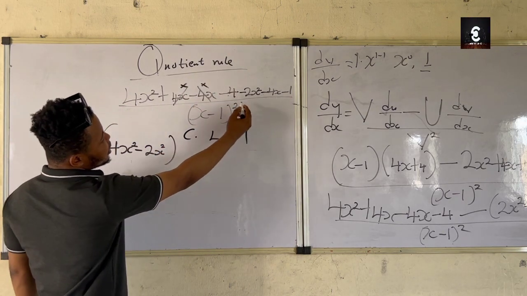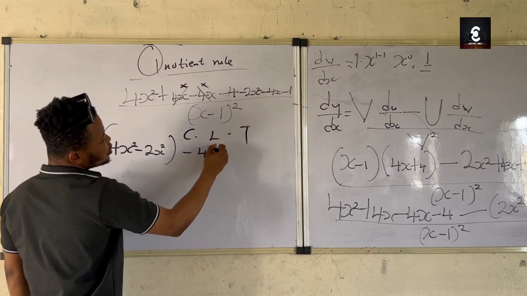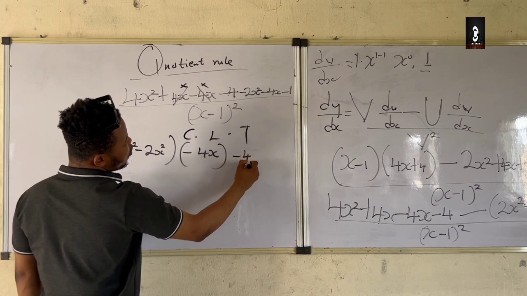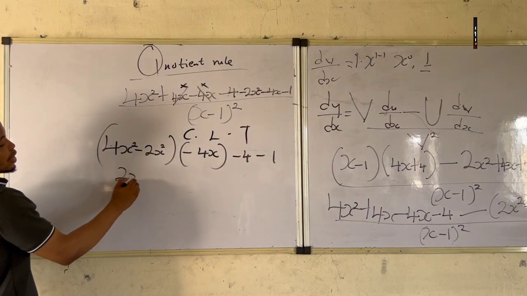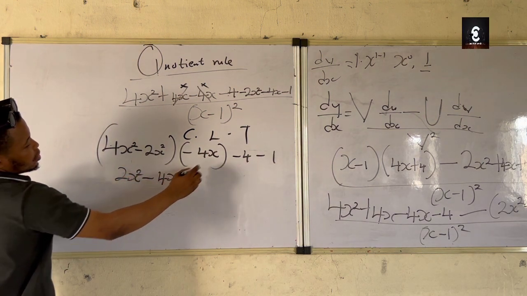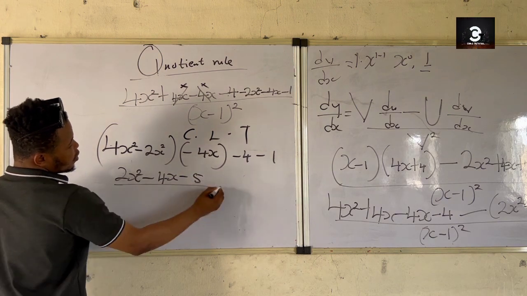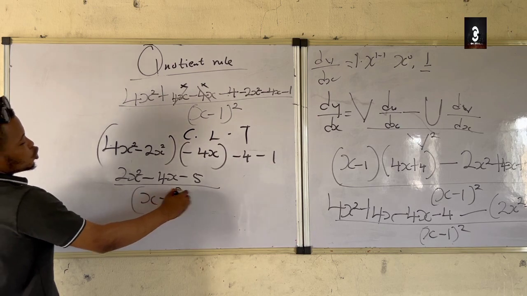Now, what do I have here? I have minus 4x standing alone, and I have minus 4 minus 1. When you have this, 4 minus 2 already is 2x raised power 2. This one standing alone, minus 4x, minus 5 over x minus 1 raised to power 2.